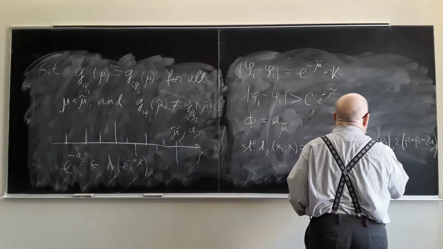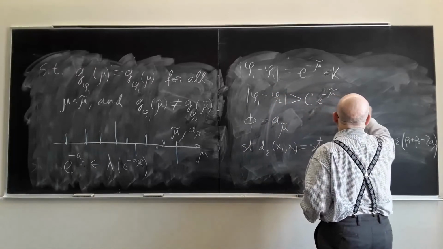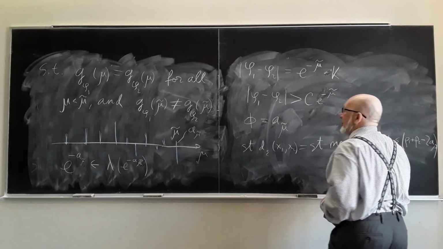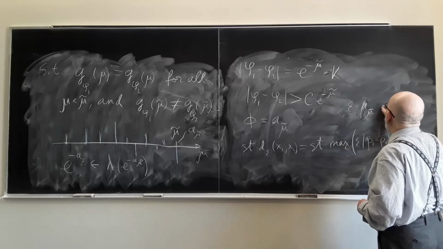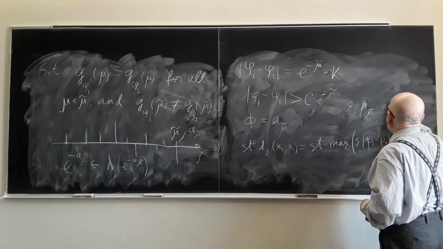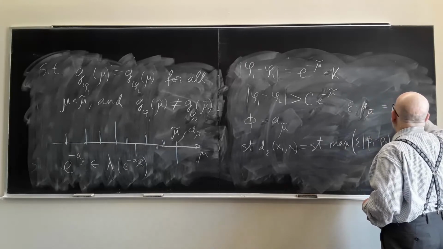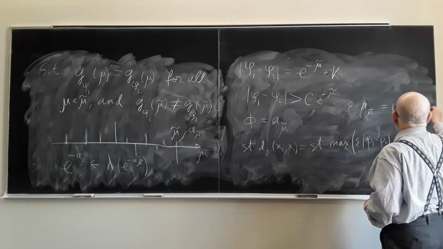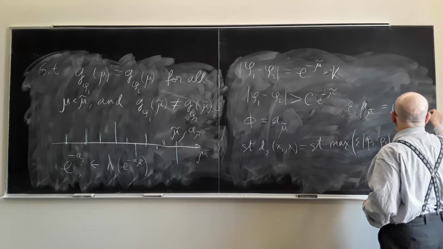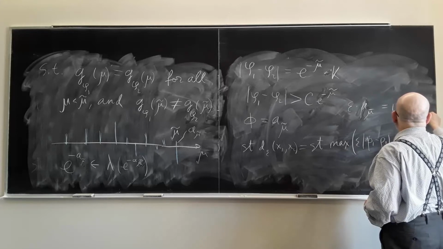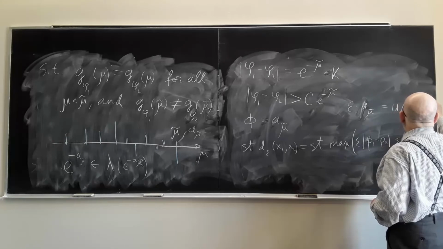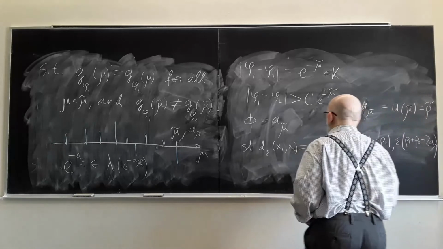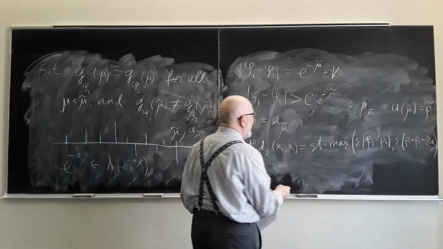Okay. Now, epsilon times a Newton equals u of Newton. In fact, it equals rho tilde.